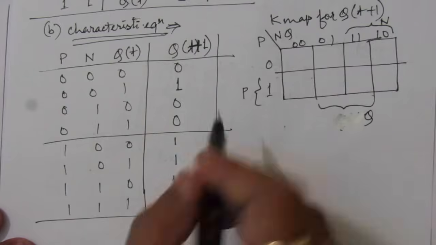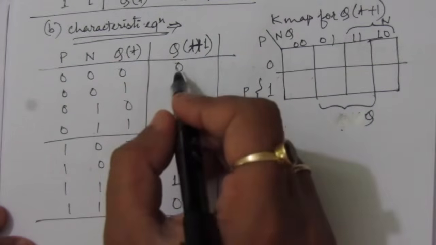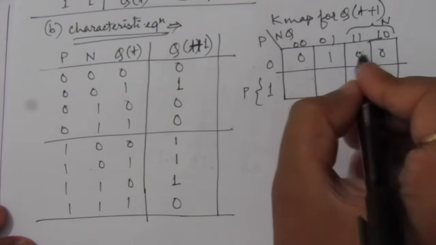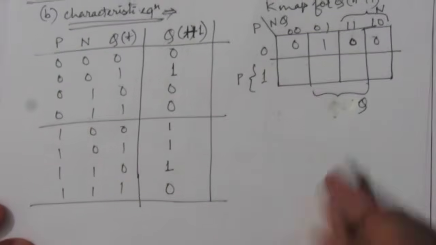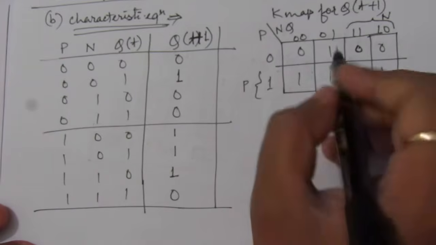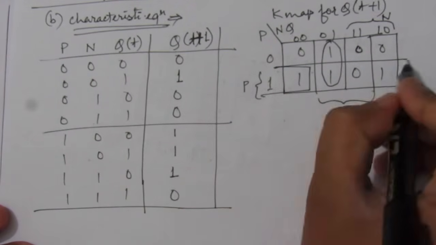Now we will put the Q of T plus 1 values here: 0 1 0 0 0 1 0 0. Then we have 1 1 1 0, so we put 1 1 1 0. This will be one combination and this will be the second combination.